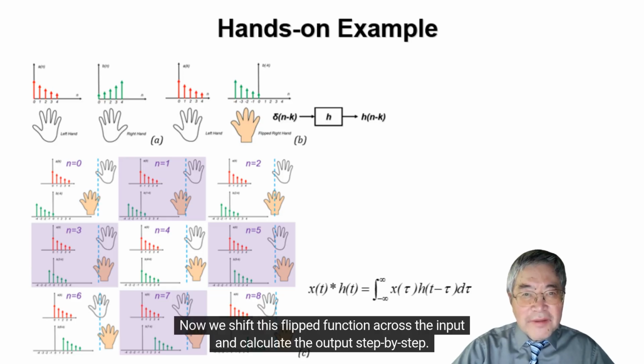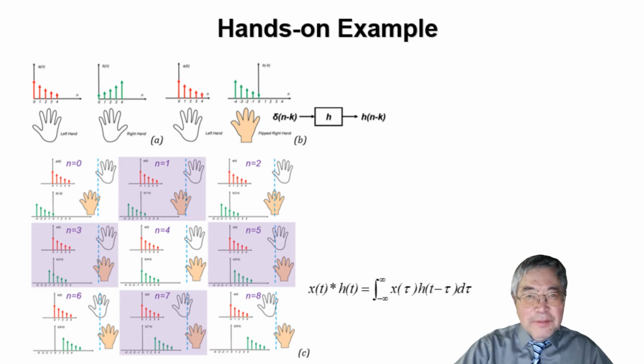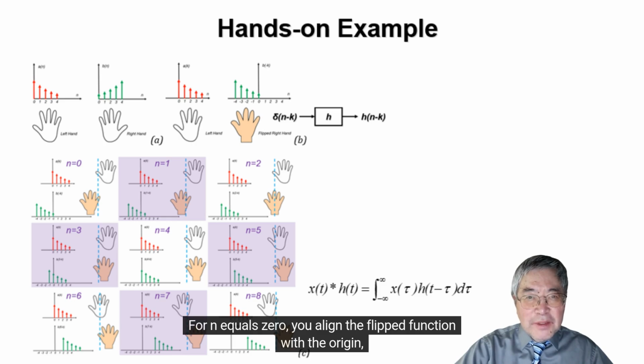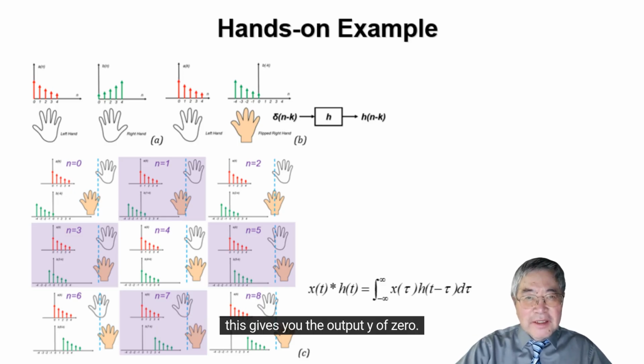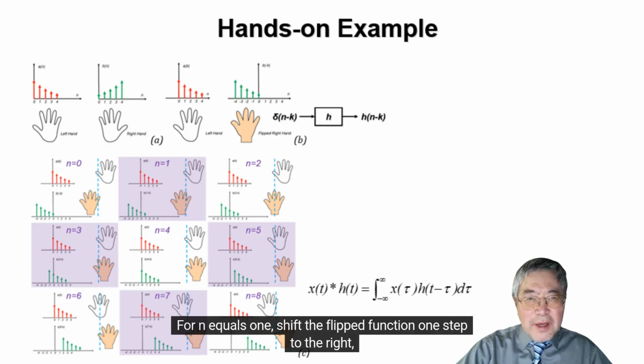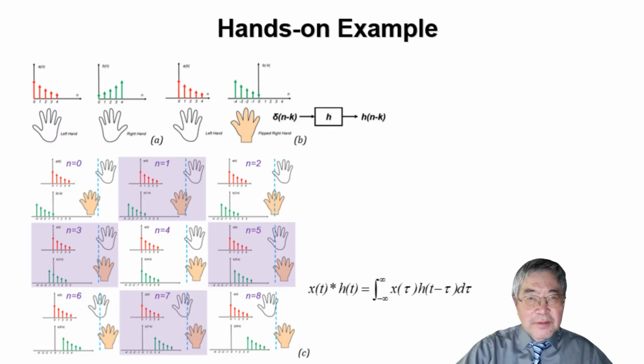Now we shift this flipped function across the input and calculate the output step by step. For n equals 0, you align the flipped function with the origin, multiply the overlapping points, then sum the products. This gives you the output y of 0. For n equals 1, shift the flipped function one step to the right, multiply again, sum the result, and you get y of 1.